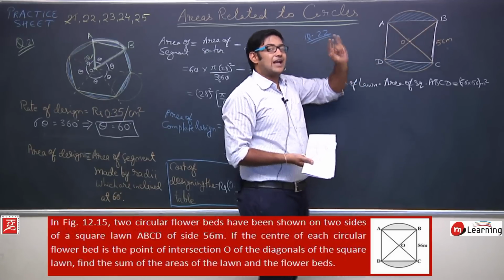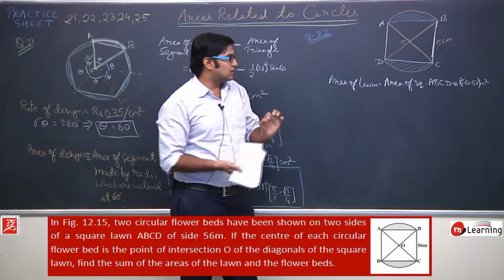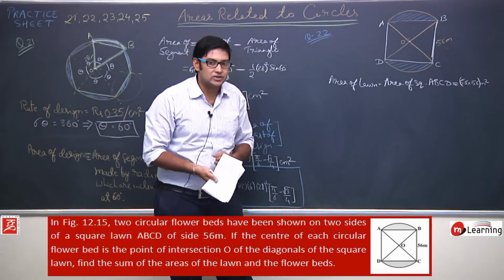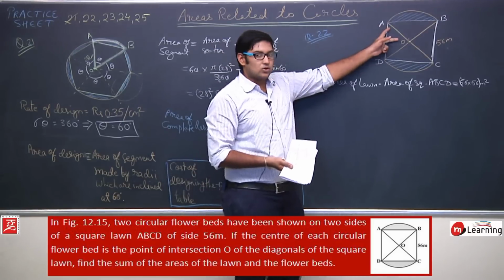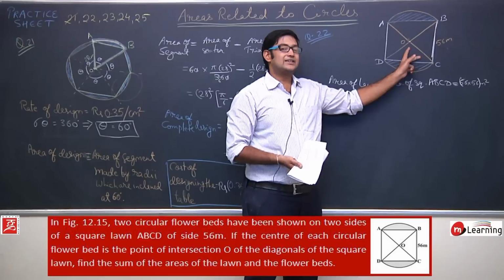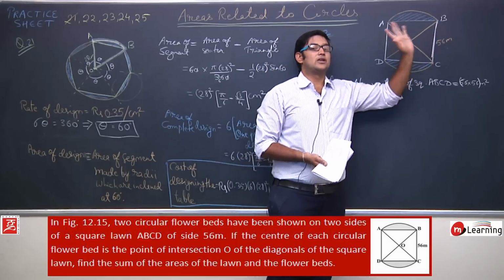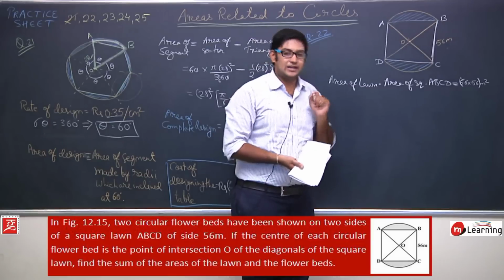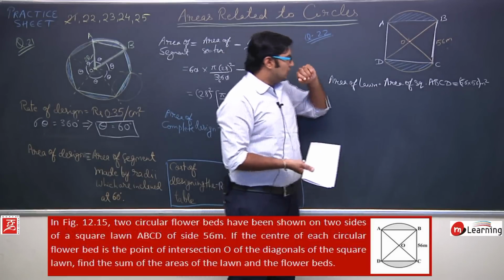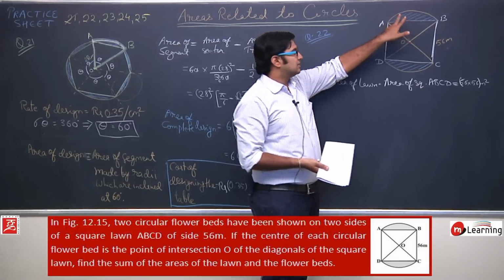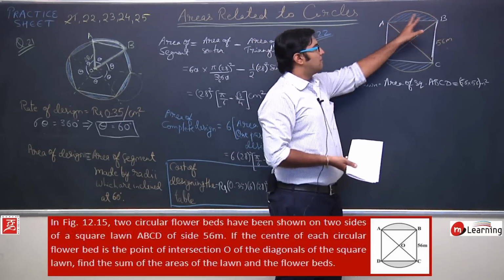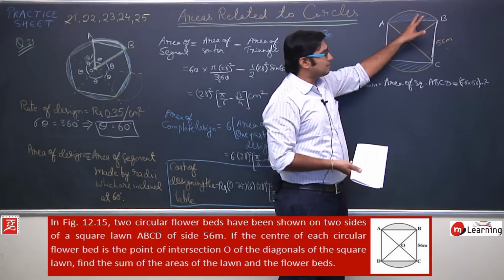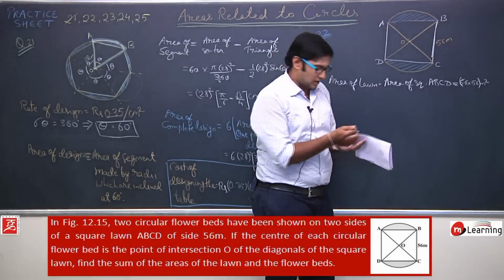The diagonals in a square are equal in length and they bisect each other, these are the properties of a square. So AO is equal to OC is equal to OD is equal to OB. All these parts of the diagonals are equal in length. Now this particular flower bed looks like a segment of a circle.